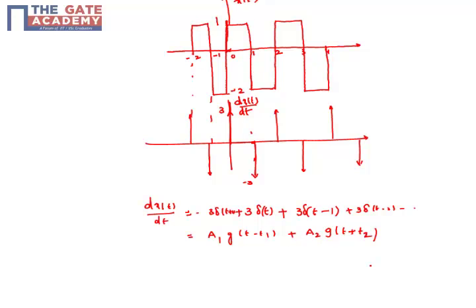So when you compare, the magnitude always remains 3. So a1 equal to 3 and a2 is also 3. But what is he asking? He is asking the value of a1 plus a2.